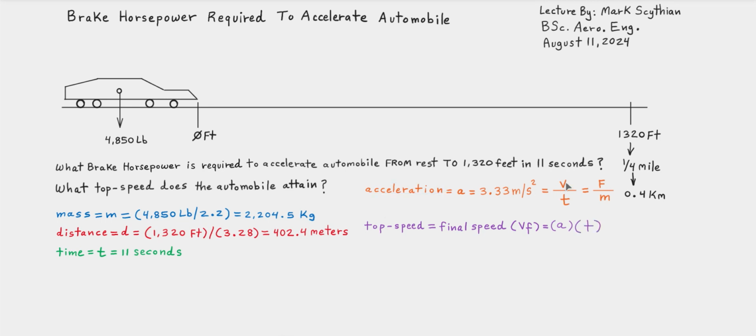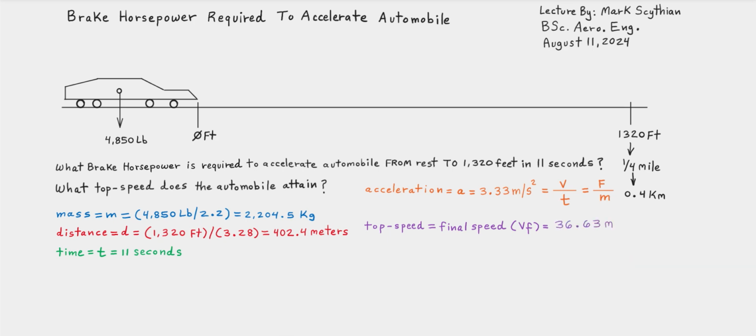So if we access the velocity divided by time formula and solve for the velocity, it will equal the acceleration multiplied times time to compute the top speed of the automobile. So that is 3.33 meters per second squared times 11 second acceleration.